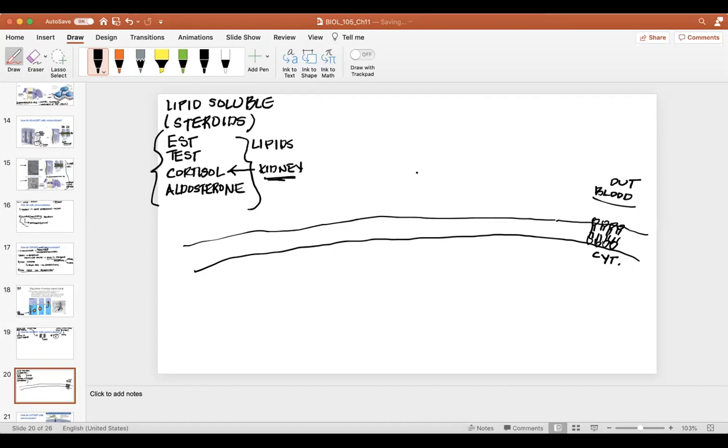So cortisol gets released from your adrenal glands, which are on top of your kidney. So I'm going to draw a little cortisol molecule here, okay? And I'm gonna label that C. Now the problem is your blood is water-based. Cortisol is a lipid. So it's not going to travel really well in your bloodstream by itself.